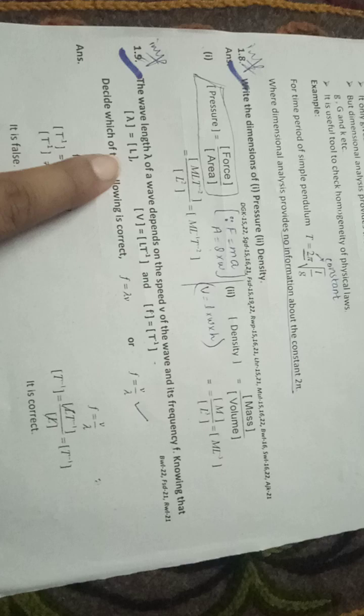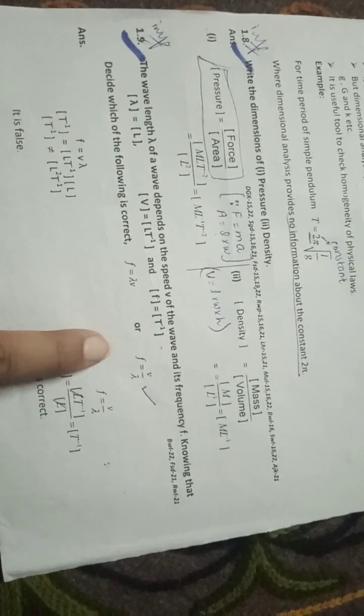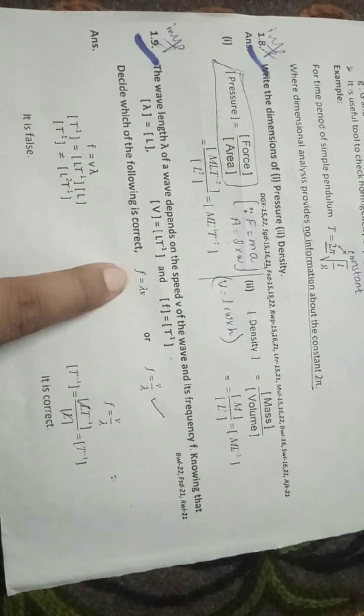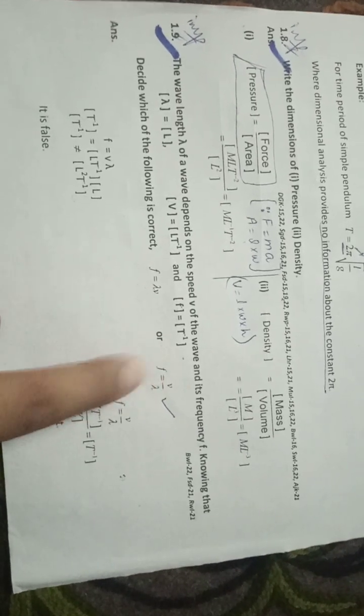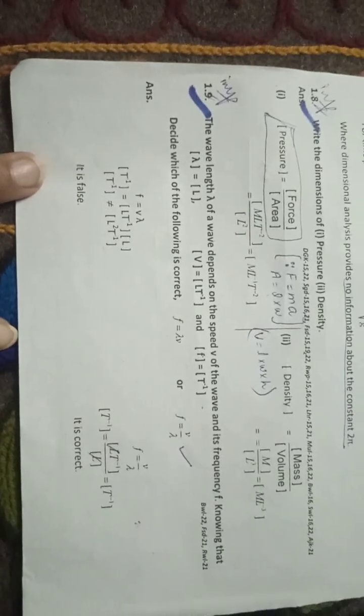These are given dimensions, but you also have to know this is the dimension of velocity, this is the dimension of wavelength, and this is the dimension of frequency if it is not given. Okay, decide which of the following is correct: f equals lambda v, or f equals v divided by lambda. So f equals v divided by lambda is correct, and we have to prove it by comparing the dimensions of the right hand side and left hand side.